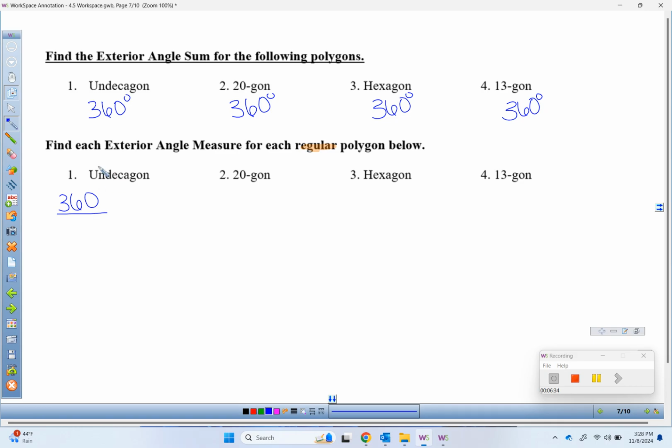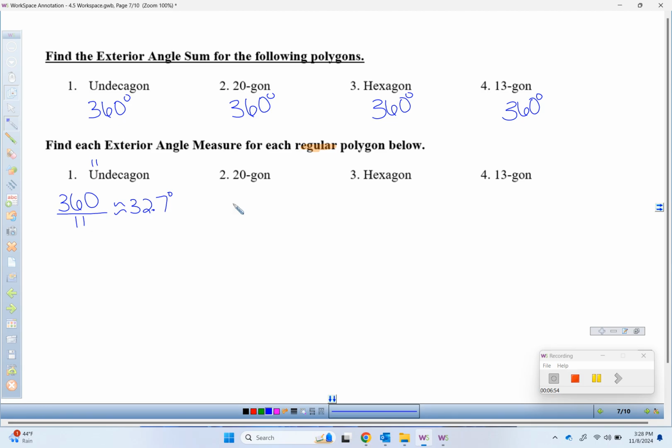An undecagon is 11-sided, or 11 angles. So we take 360 divided by 11, and you should get approximately 32.7 degrees. So every exterior angle individually is going to equal this. Add them all up together, and you will get 360 degrees.